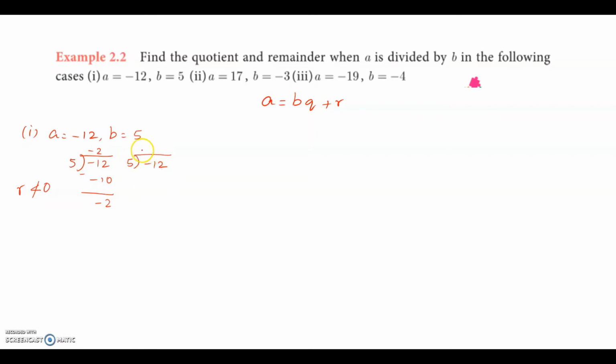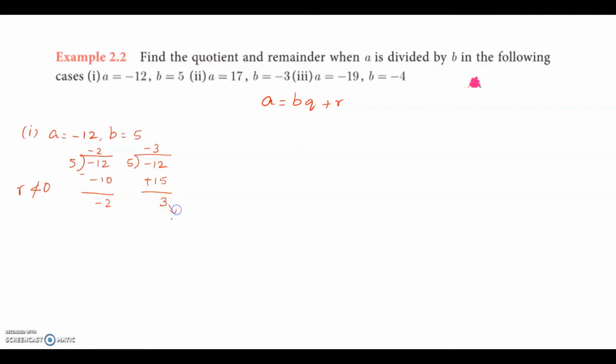So this time, instead of 2, let's put 3 here. So 5 3s are 15. So it's minus 15. Subtracting minus 15 from minus 12, it becomes plus, so you get 15 minus 12 as 3. Great.